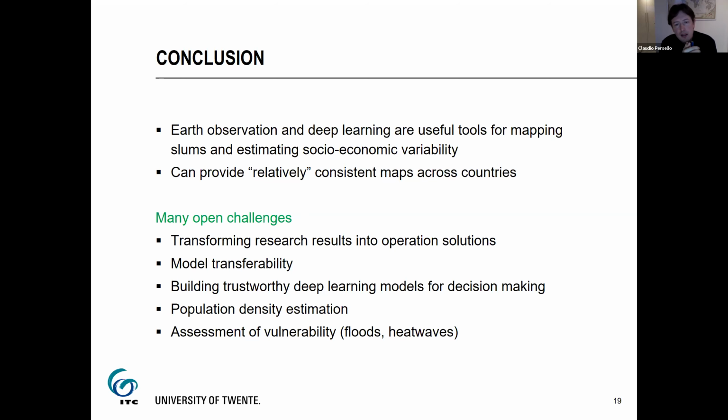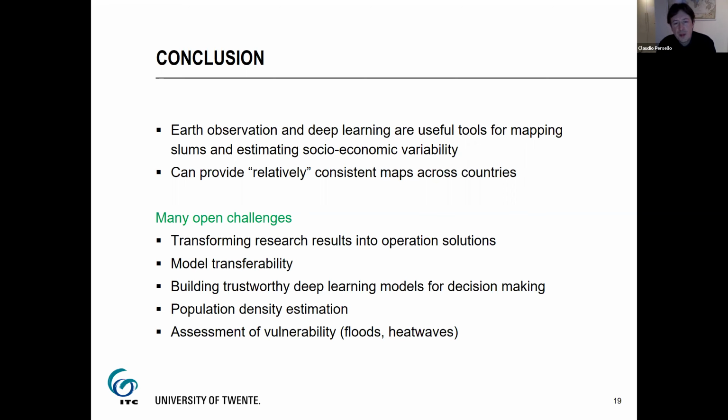One advantage of using an Earth observation-based approach is that this can produce relatively consistent maps across different countries, whereas standard statistical methods would use different approaches in different countries.